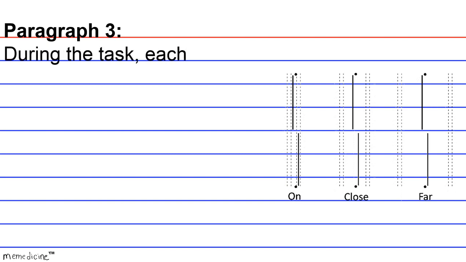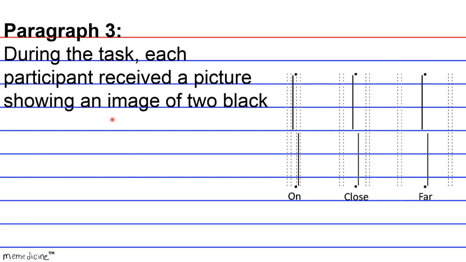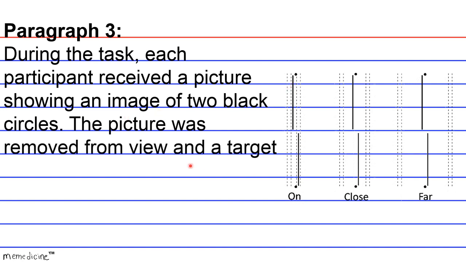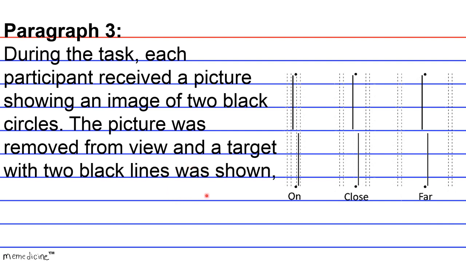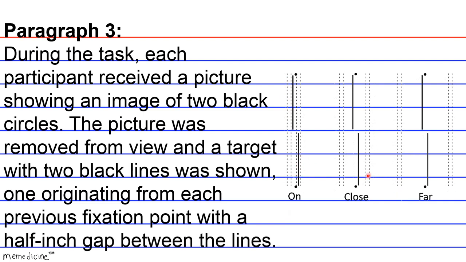Paragraph 3. During the task, each participant received a picture showing an image of 2 black circles, these circles here. The picture was removed from view and a target with 2 black lines was shown, these lines here, one originating from each previous fixation point, okay, with a 1/2 inch gap in between the lines.